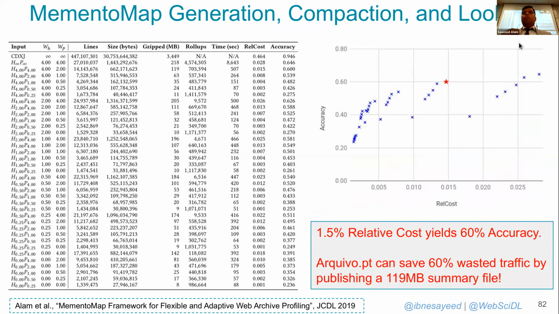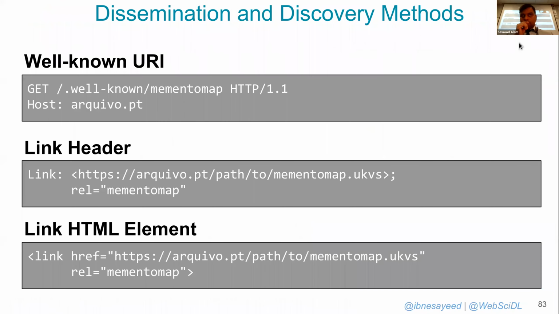With this dynamic style of MementoMap generation, with different weights, we generated different levels of detail in these dynamic rollups. And what we found is the winner was, with about 1.5% relative cost, we were able to have 60% accuracy. That basically means Arquivo.pt could just have released a 120 MB file, and that would reduce 60% plus of traffic.